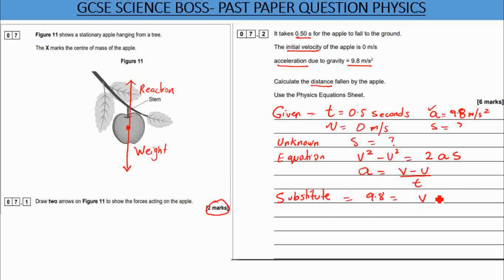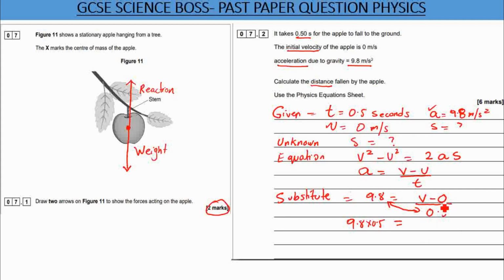So V minus U, which is 0, and we're going to divide that by 0.5. Alright, now we can now cross multiply. So it's V minus U being divided by 0.5, so it's going to be 9.8 times 0.5.